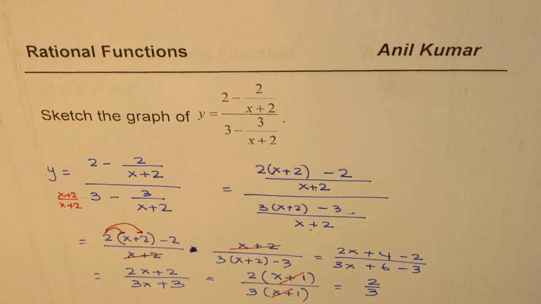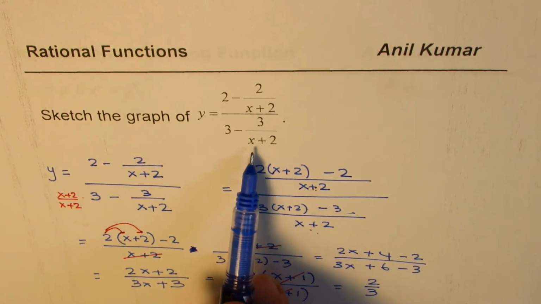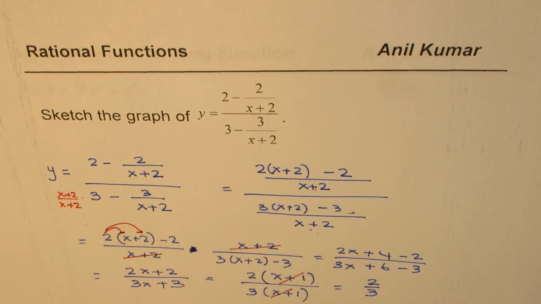Now, the question here is, is it exactly the same thing? Well, it is not. 2 over 3, we need to sketch this graph, right? So we simplified this as 2 over 3. However, this 2 over 3 has a lot of restrictions. What kind of restrictions? Let's look into these restrictions. One of them we found is right in the very beginning, that x cannot be minus 2, right?